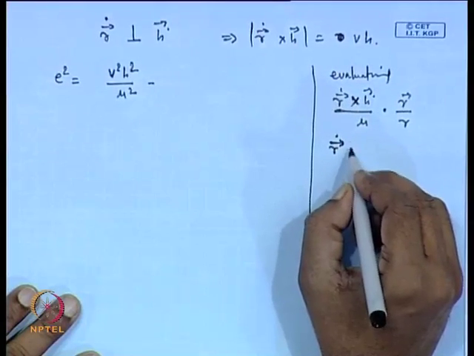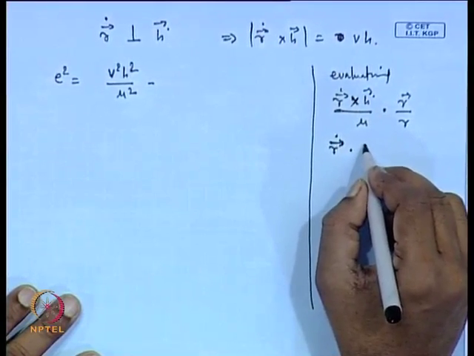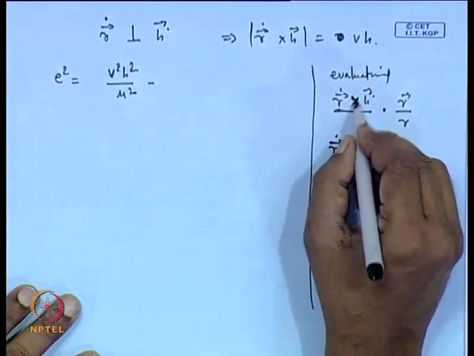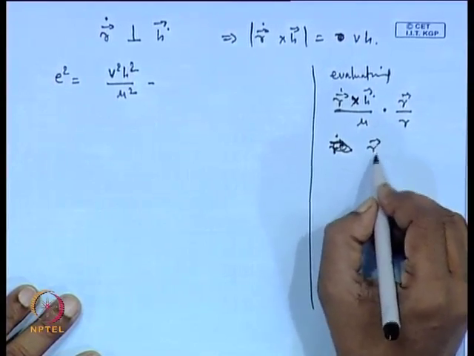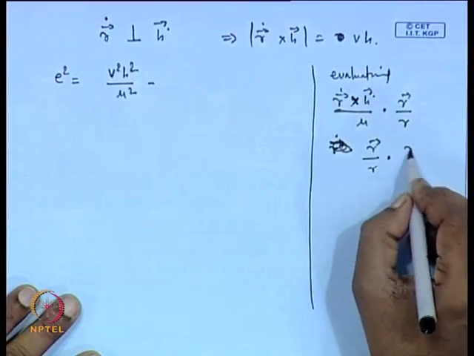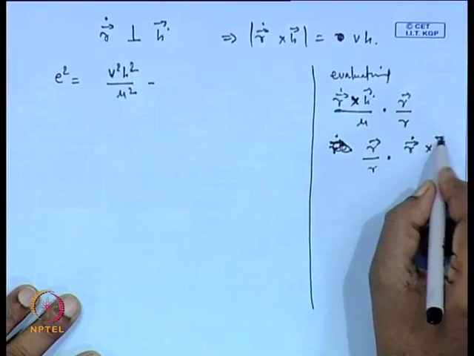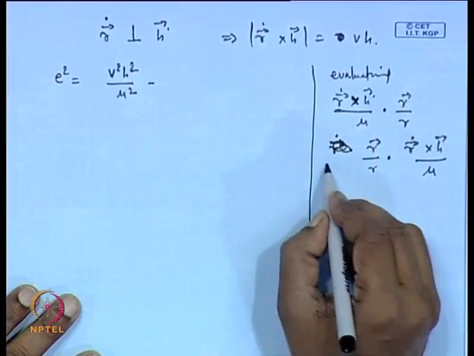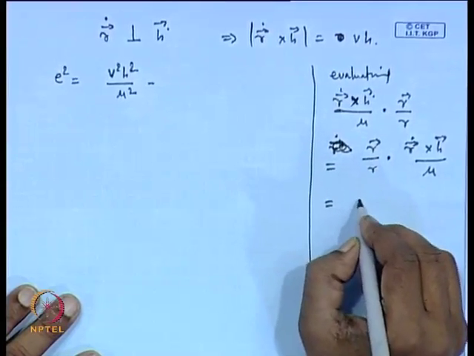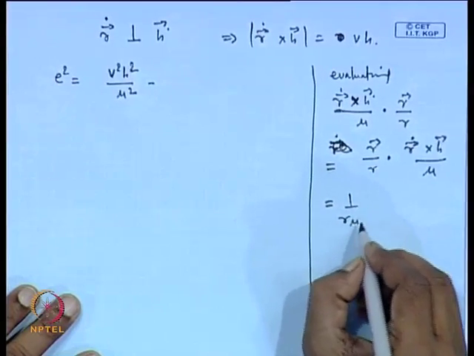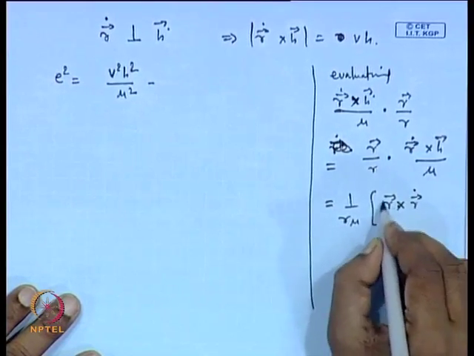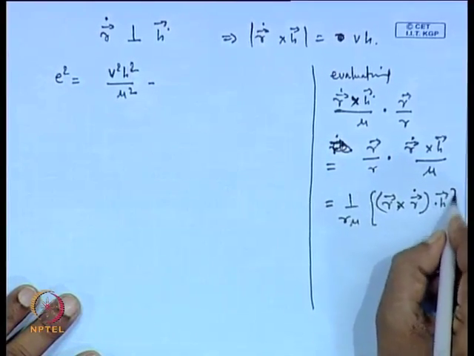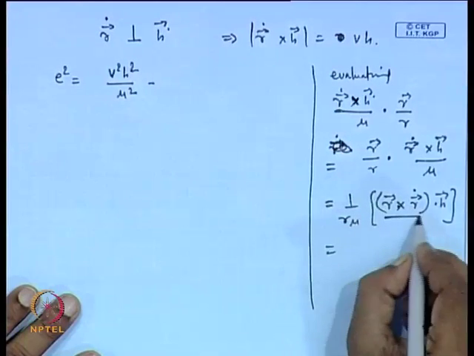So, here we can write this as r dot times r by r dot cross h divided by mu, and this is nothing but 1 by r mu times r cross r dot, dot h, and this quantity is nothing but h.